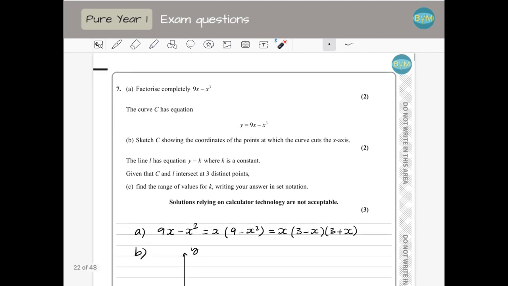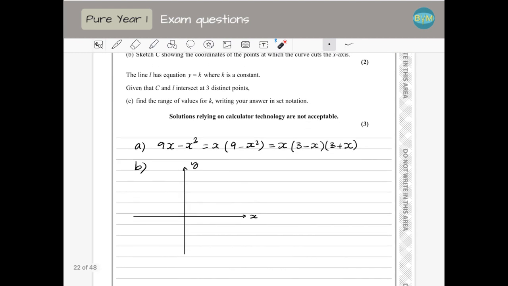Remember, the coefficient of x cubed is negative, so it's going to go down, because when x tends to infinity, 9x minus x cubed goes negative, to minus infinity. So when x goes up, this whole thing becomes more and more negative, so it's going to go down.